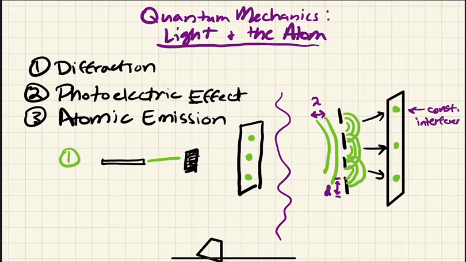So the waves essentially added together. And the points where there's no light would be considered a region of destructive interference. And so you get a pattern. It's essentially the waves canceled out in that region based on how they interacted with each other as they were moving towards the screen.